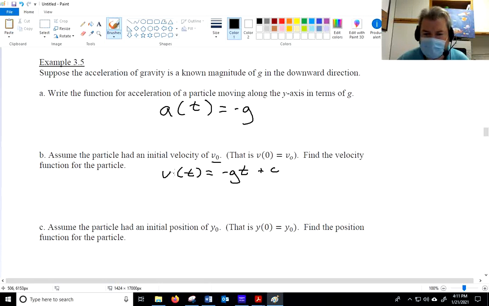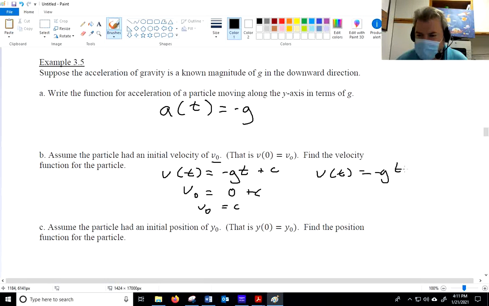But we know that v of 0 is equal to v naught. So v naught is equal to negative g times 0. That's just 0 plus c. So it turns out this c is my v naught. So we get that velocity is equal to negative g t plus v naught.